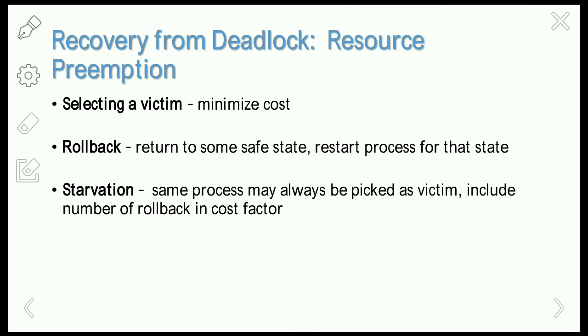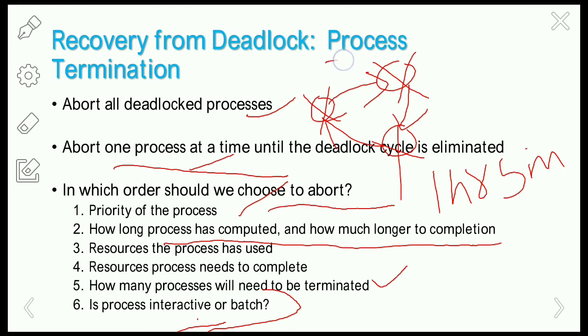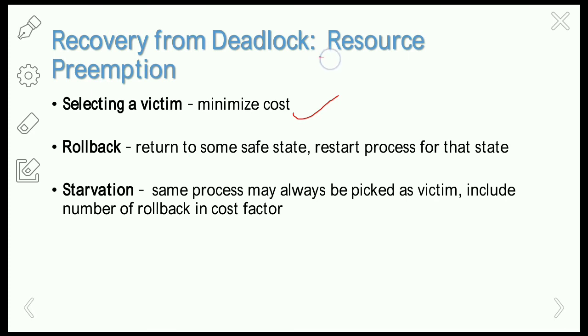In resource preemption, there are three methods to eliminate deadlocks using the preemption method. These are selecting a victim, rollback, and starvation. In the case of selecting a victim, we select the victim resource from the deadlocked state and preempt that one. In the first case for deadlock recovery we saw the process, and in the second case we are going to know about the resource, right?